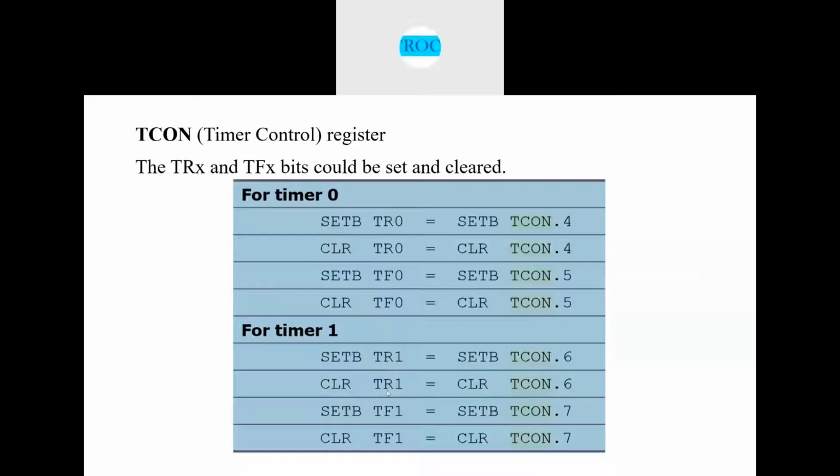When I say CLR TR1, you are stopping timer 1. And you can see the instructions on the right side of the equal sign. All these are bit addressable. You can directly call TCON.4, TCON.5, TCON.6 or TCON.7. This is about the TCON control register.